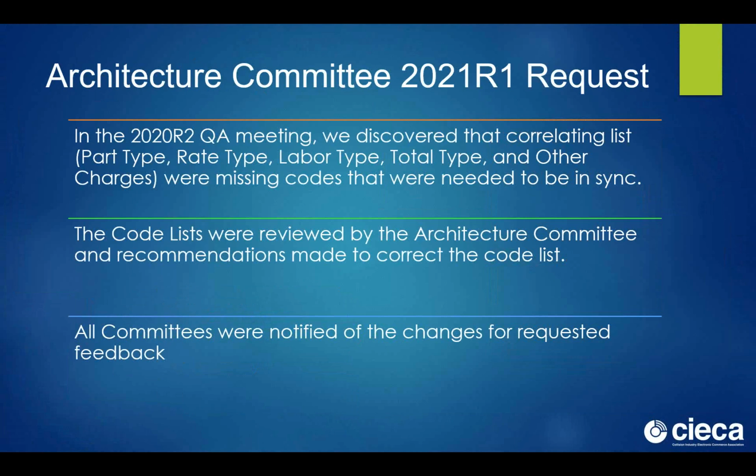And for the affected committees, we told them what we had found and what we had done. And that was finally all put together and approved in our release that we're talking about today, which went really smoothly, probably the best QA process we've done so far in my time with the Architecture Committee and with CIECA.